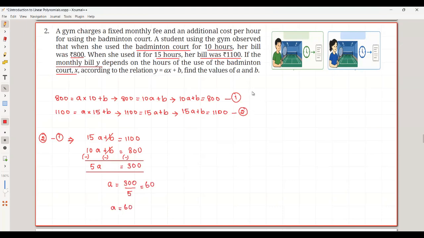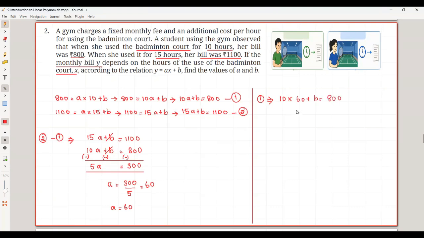Now I have to find the b value. For finding the b value, I can substitute in either the first equation or the second equation. Here the first equation is easy, so I am writing in the first equation. From equation number 1, I am substituting a is equal to 60. That means 10 into 60 plus b is equal to 800.